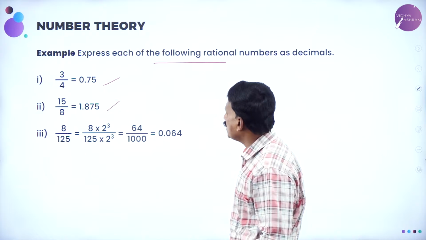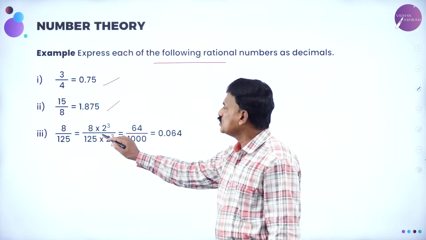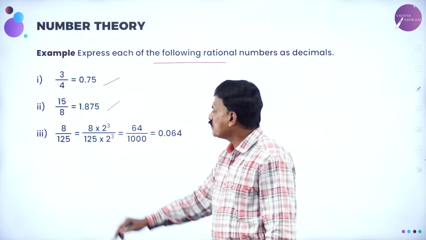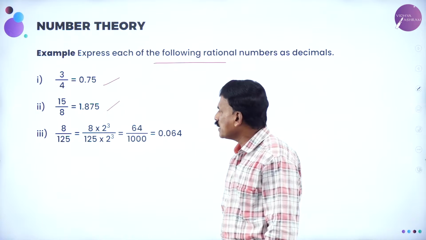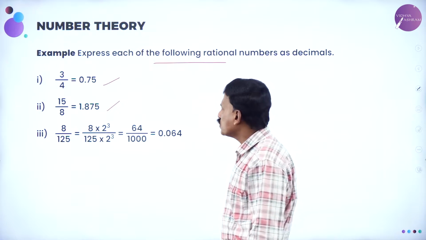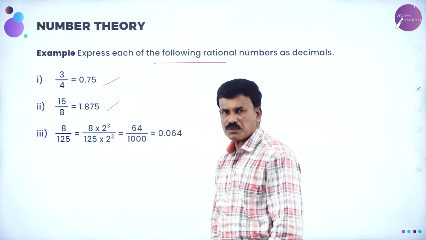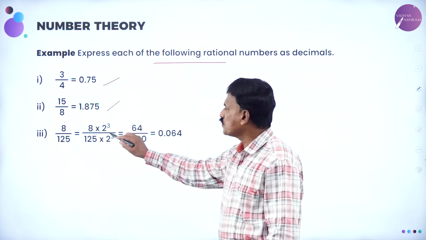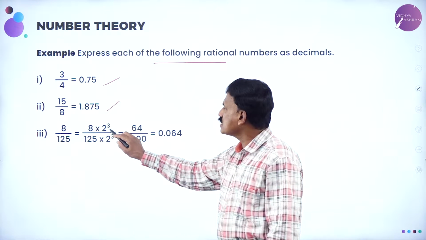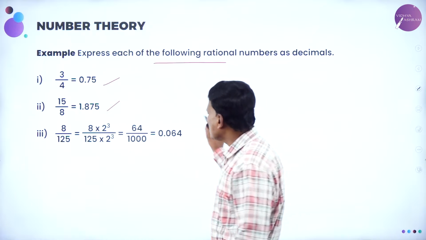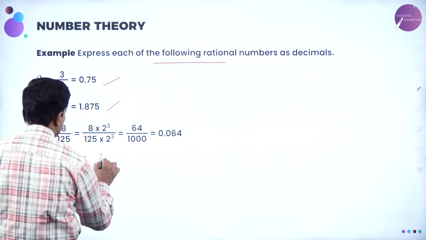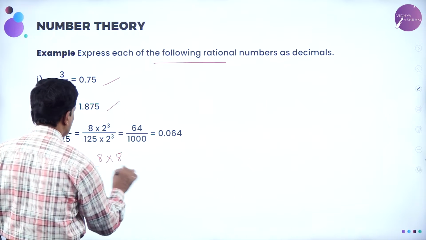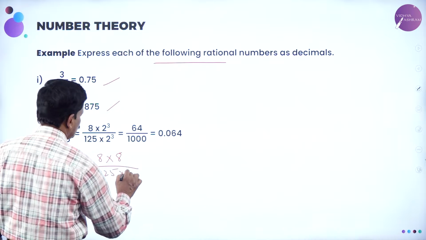8 by 125 can be written as 8 into 1 by 125. For 125, multiply and divide by 2 cube. Multiply and divide by 2 cube means multiply and divide by 8. 2 to the 4, 4 to the 8. So these two get cancelled. This is equal to 8 into 2 cube, that is 8, divided by 125 into 8.